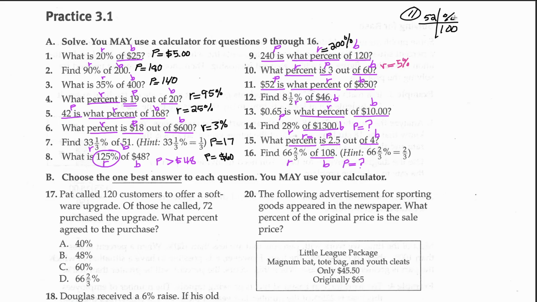So we put the percent symbol here of 650. So 650 is the whole or the base. Now again, we need to multiply diagonally the 2 that's given. 52 times 100. Step 1.